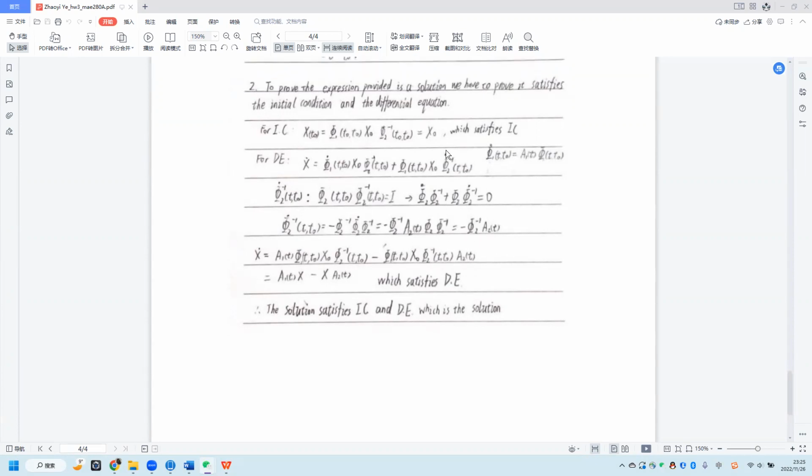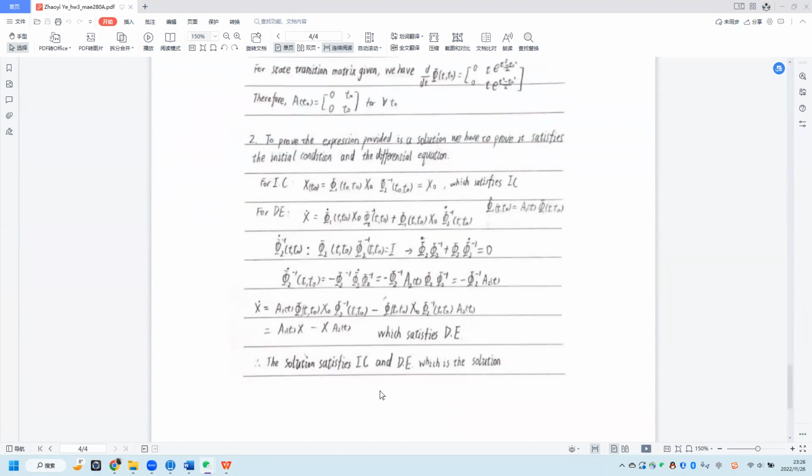Applying these back, we can generate this equation, and we can say that phi1 times X0 times phi2 inverse is X. So the derivative of X is equal to A1(t)X minus X times A2(t), which is the matrix differential equation given, so it satisfies the differential equation.